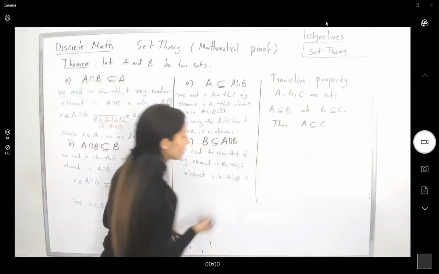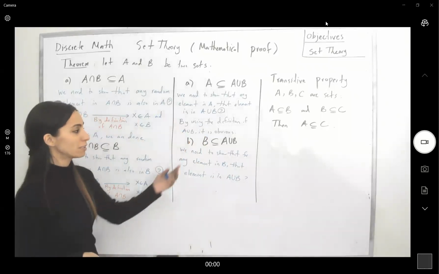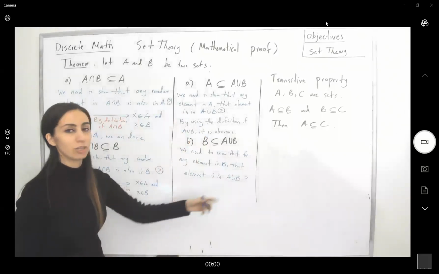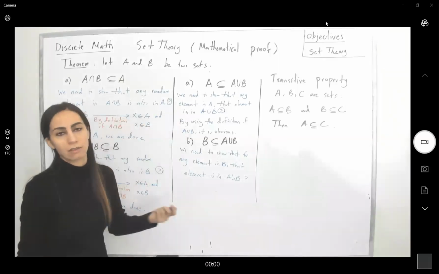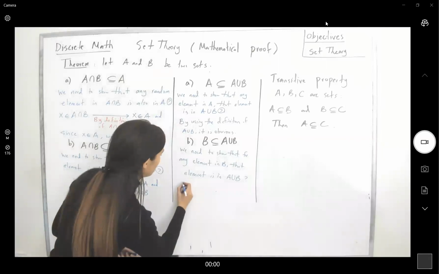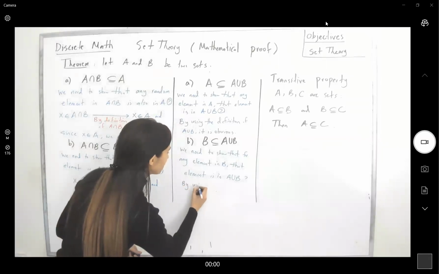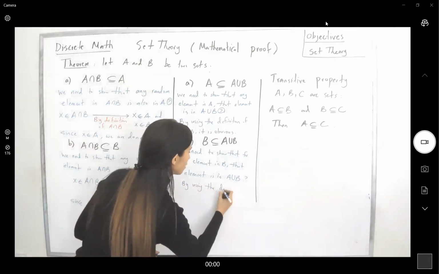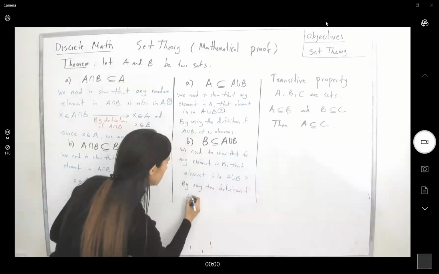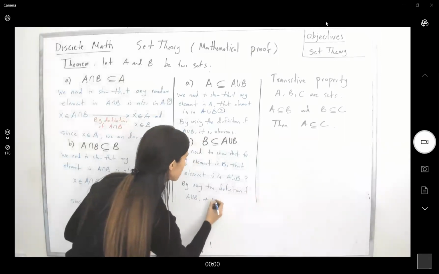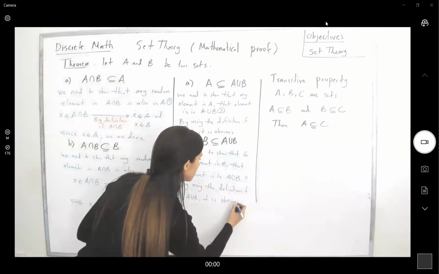But this is obvious. Why is it obvious? You're taking an element in B and you're showing that that element still belongs to B union with some other set. Of course it's true. By using the definition of A union B, it is obvious.